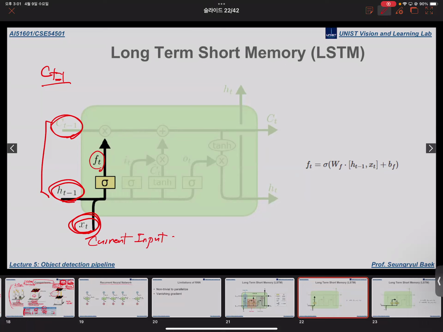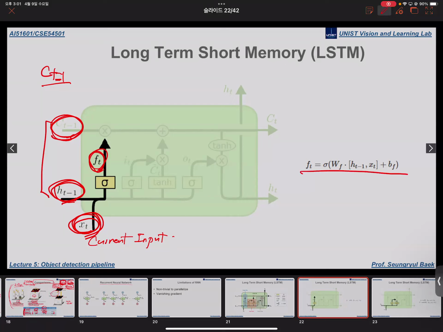So using information coming from the previous time step combined with the current time step's input, we first generate some intermediate information.